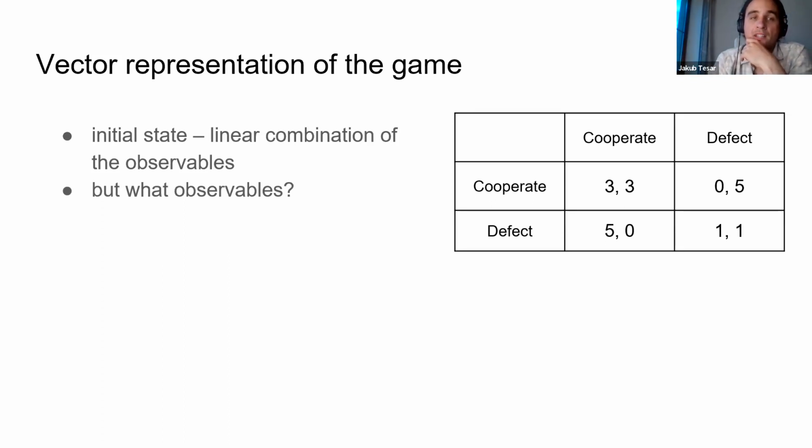And there are actually two options here. One is thinking of those observables as strategies, and one is thinking about those observables as outcomes.